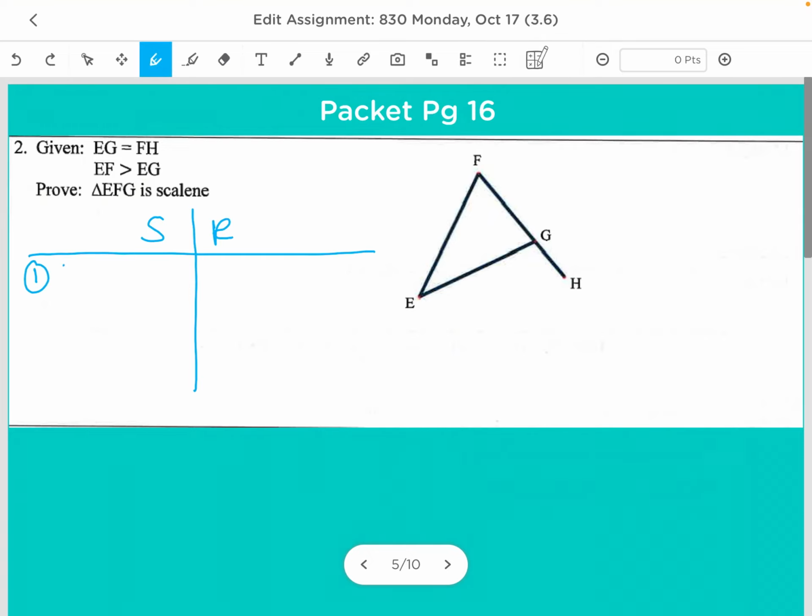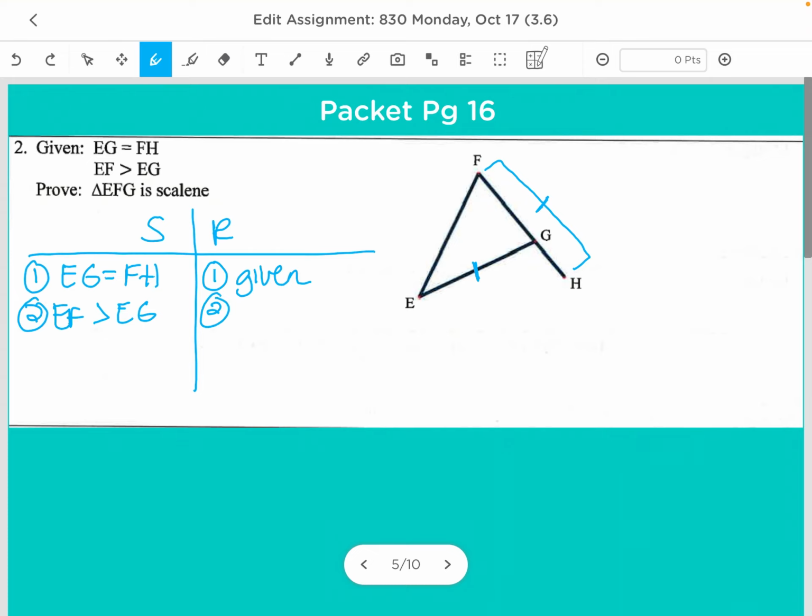Okay, so the first one says EG is equal to FH. So EG is equal to this whole side here of FH. And I know that side EF is greater than side EG.